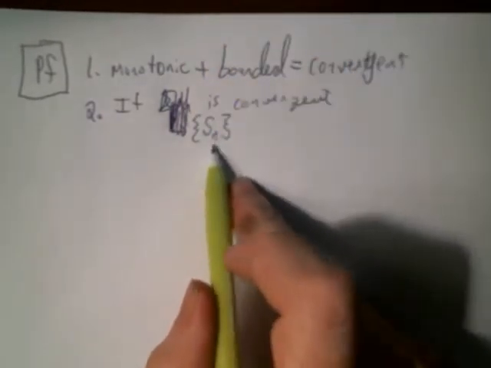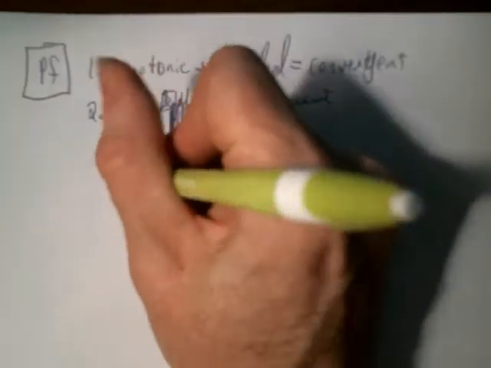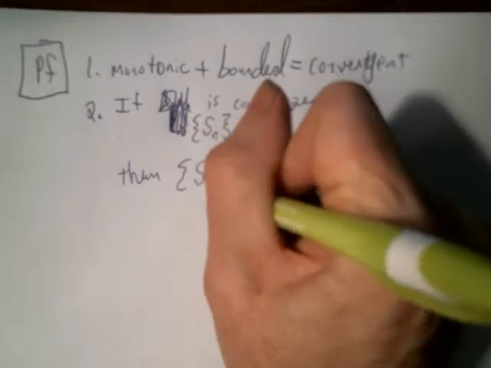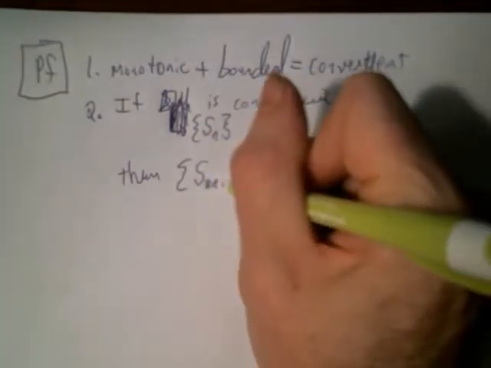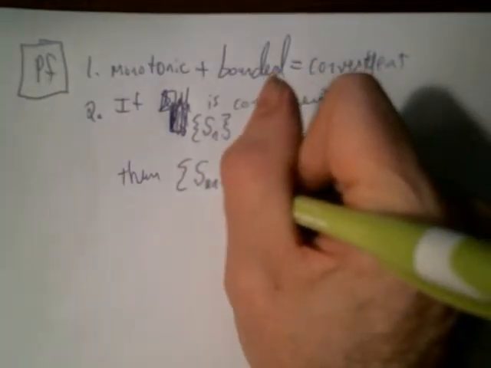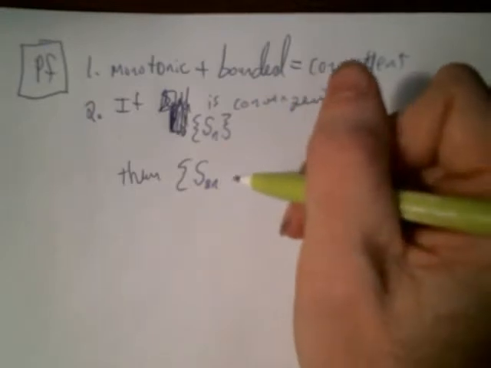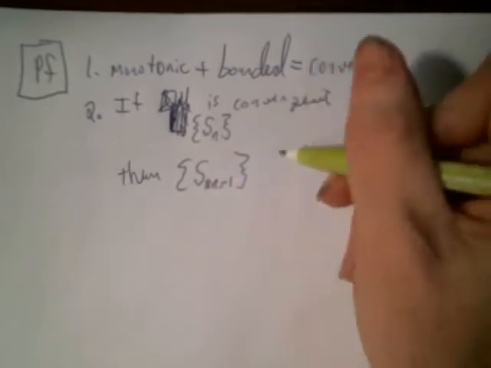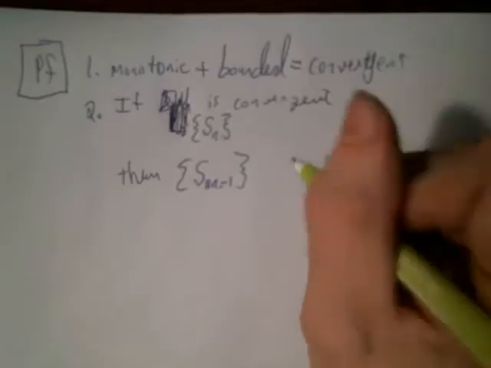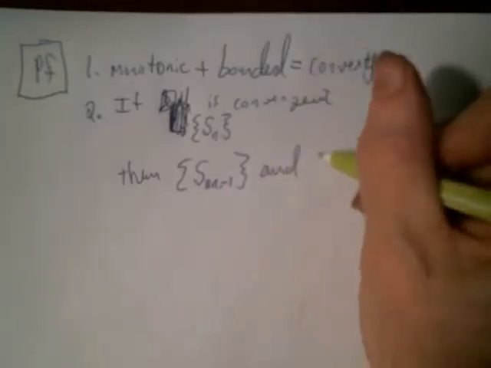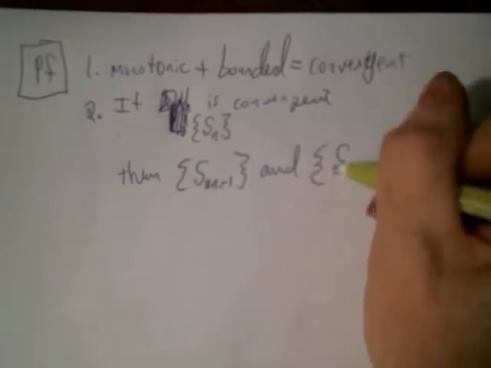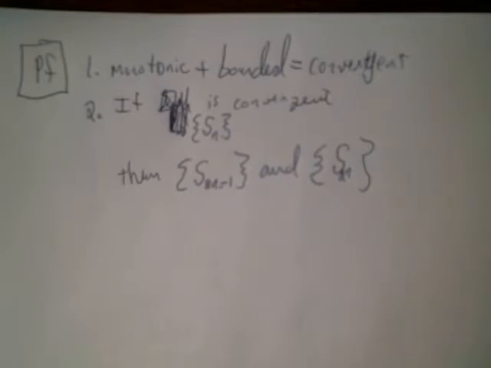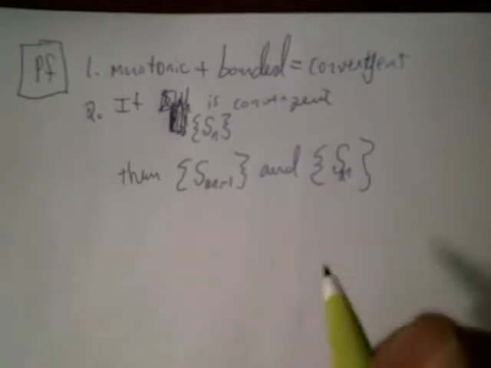If this S sub n sequence is convergent, then the sequence of the odd terms, which we can write 2n plus 1 or 2n minus 1, I think I wrote it in my notes as 2n minus 1, and the sequence of even terms will have the same limit.